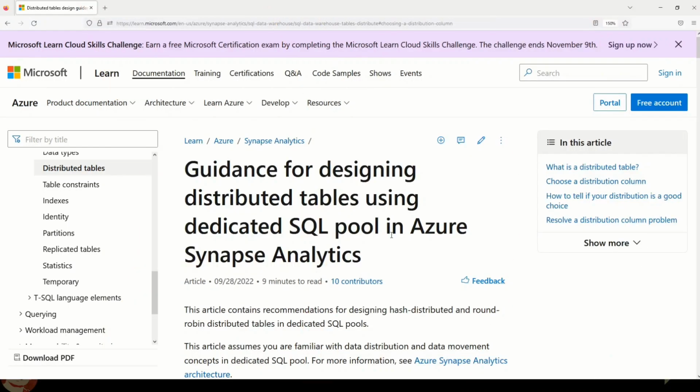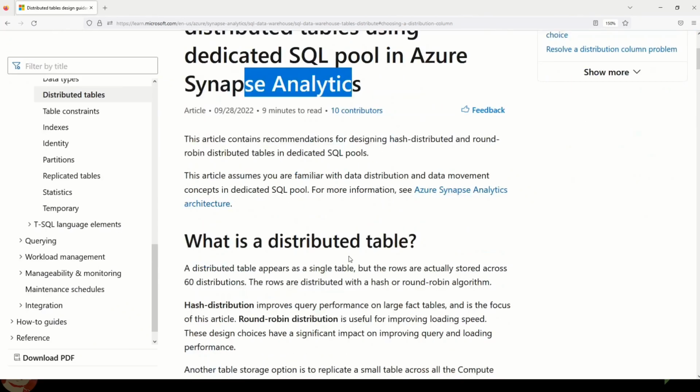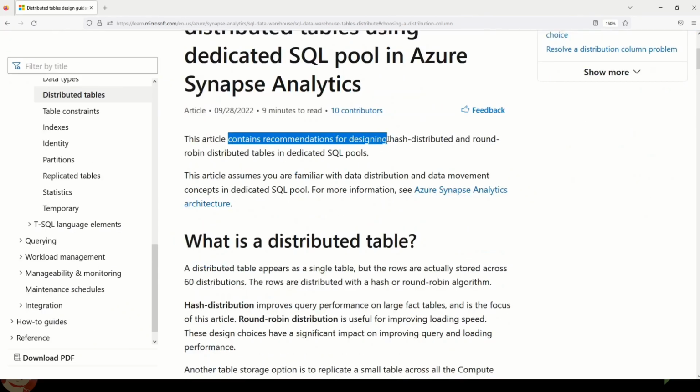Now this is the Microsoft documentation where you can find guidance for designing distributed tables using a dedicated SQL pool in Azure Synapse Analytics. Here you can read that this article contains recommendations for designing hash distributed and round robin distributed tables in a dedicated SQL pool.